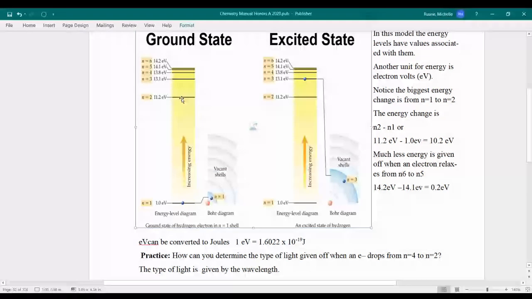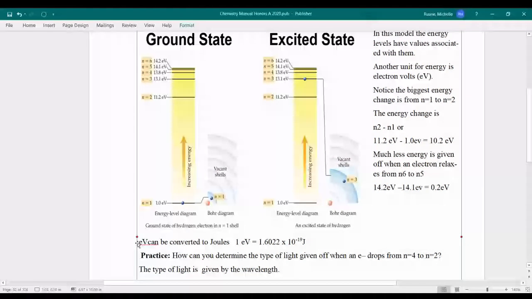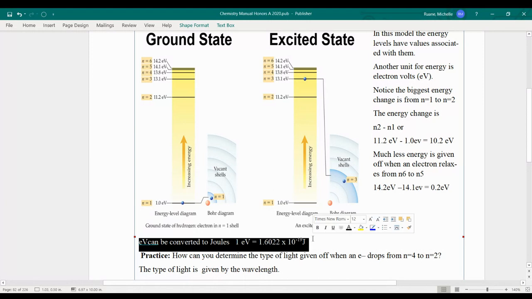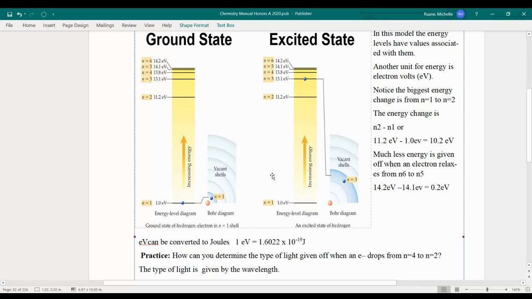Now, what they've done here is they've put in the energy. So another unit for energy instead of joules is called electronvolts. And super fun for you, we have another conversion, okay? Electronvolts can be converted to joules because 1 electronvolt equals 1.6022 times 10 to the negative 19th joules. So you will have to do those conversions.